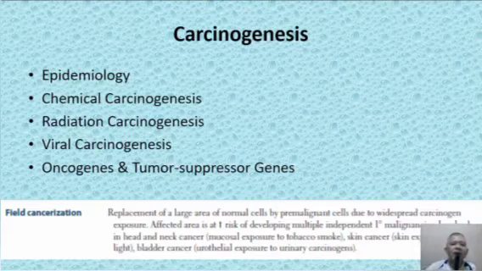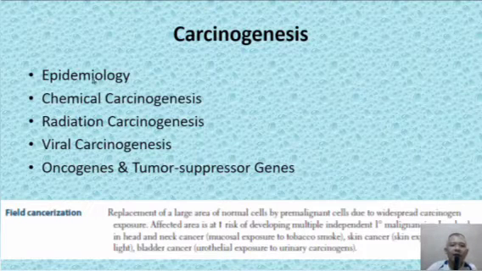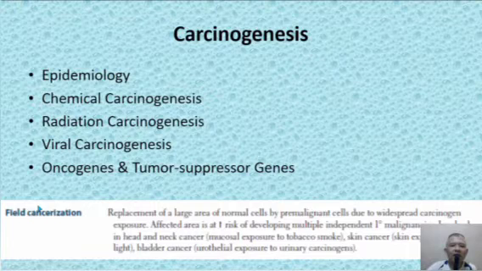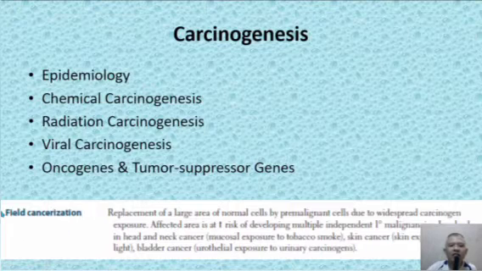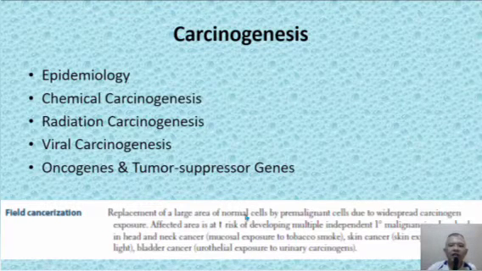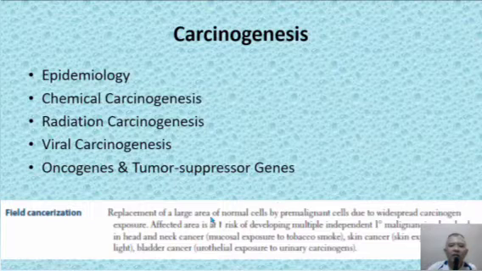Carcinogenesis. How is cancer brought about? Before I tell you about carcinogenesis, let me talk about field cancerization. It is when a certain carcinogen is focused on a location of a number of cells, leading to premalignancy and finally malignancies.